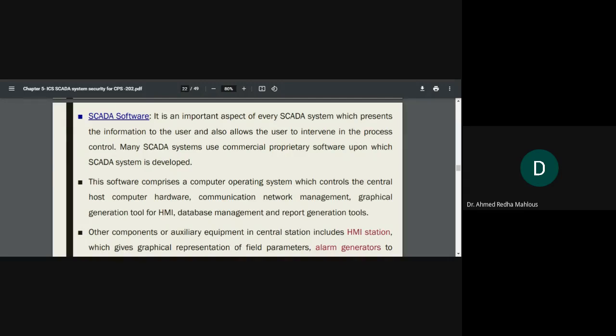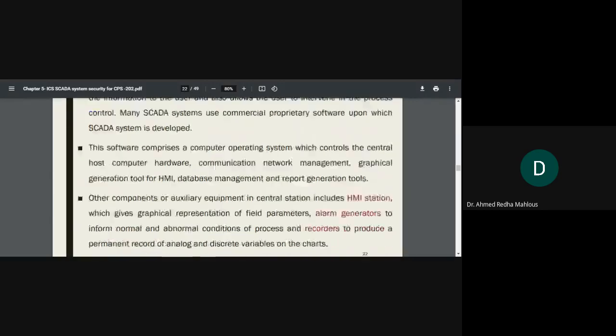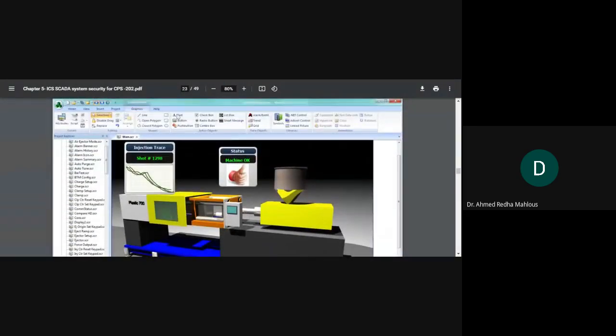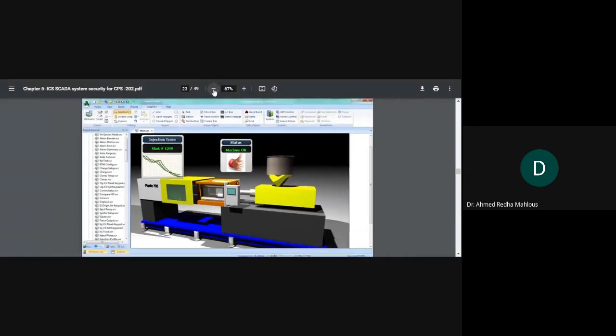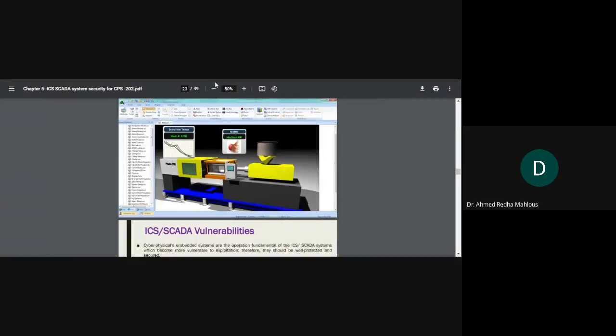That means you do have some specific operating system that will control other computers and hardware. They are used in communication management, for instance. They will generate a graphical interface for the user. This is an example of the software that can be used in the control room.